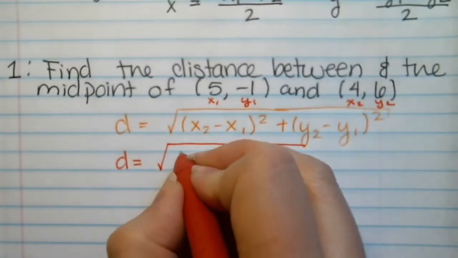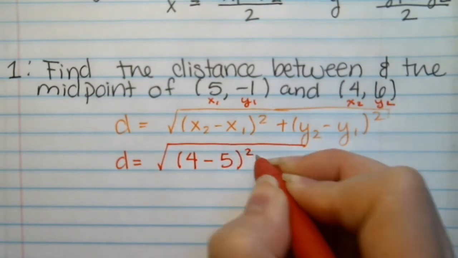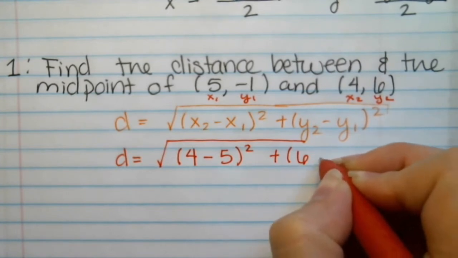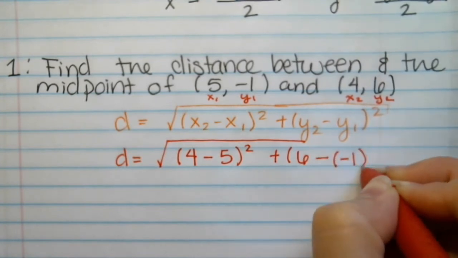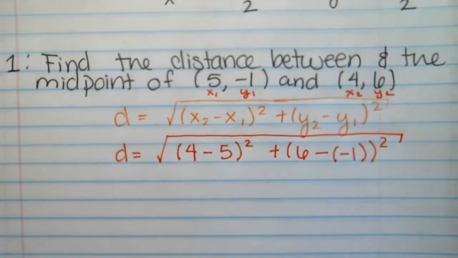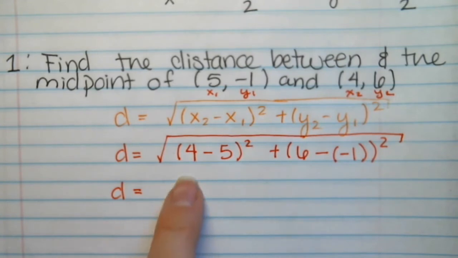Okay, so let's look at the distance. We'll get x2, which is 4, minus x1, which is 5 squared, plus y2, which is 6, minus y1, which is negative 1 squared. Now the only thing that can go wrong here, if you do know the distance formula, is you could make a mistake with signs.